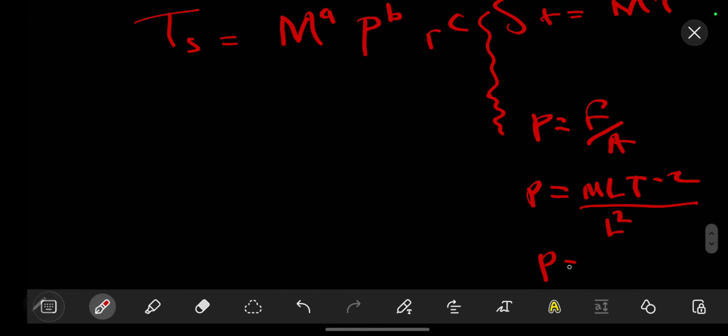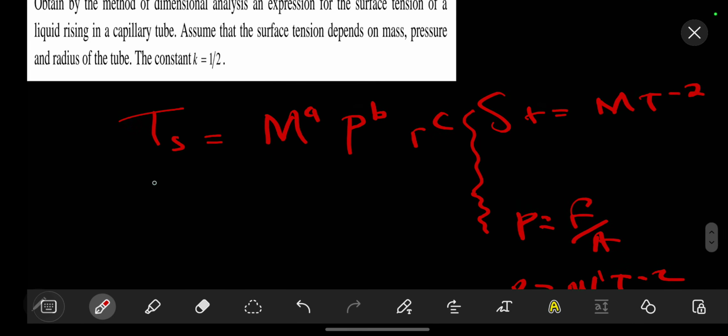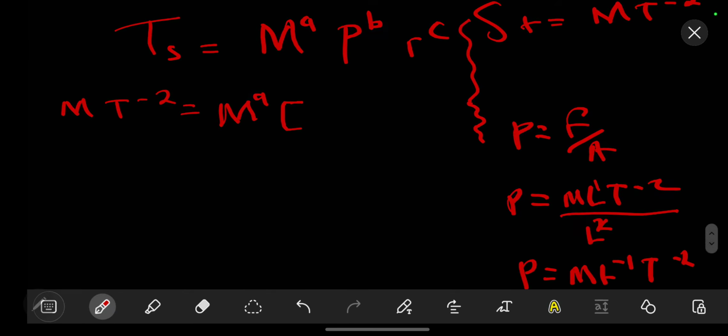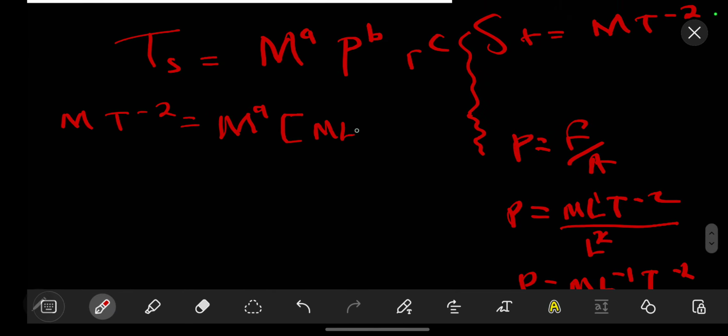So our pressure is equal to ML^-1 T^-2. So we have surface tension, given as MT^-2, should be equal to M to the power of a, times pressure, given by the units ML^-1 T^-2.